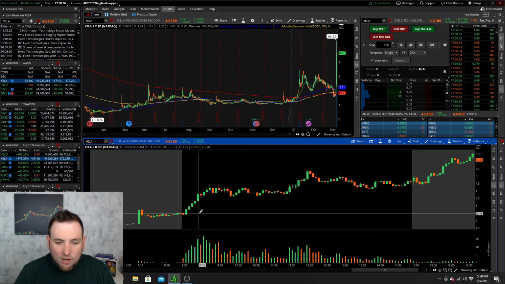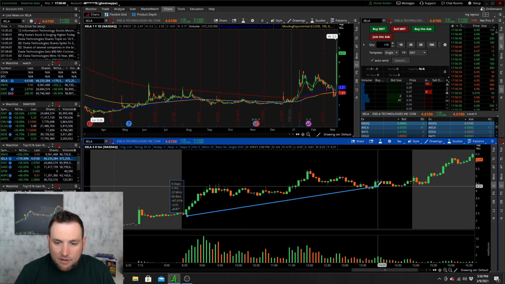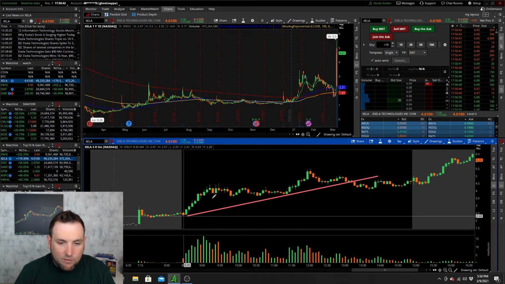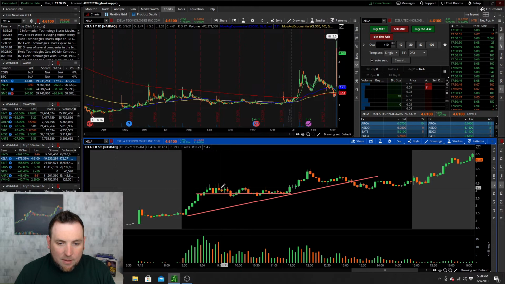But if we look overall, look at the pivot points that we have on this stock. So we have a really nice pivot point right here. And why is this a pivot point? Because that's a support area. You draw your support line right straight across there, and you can see how many times it bounced off of this area.